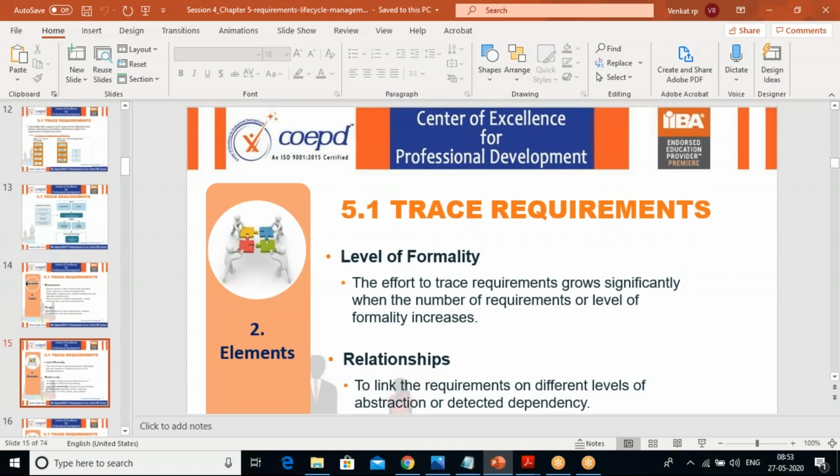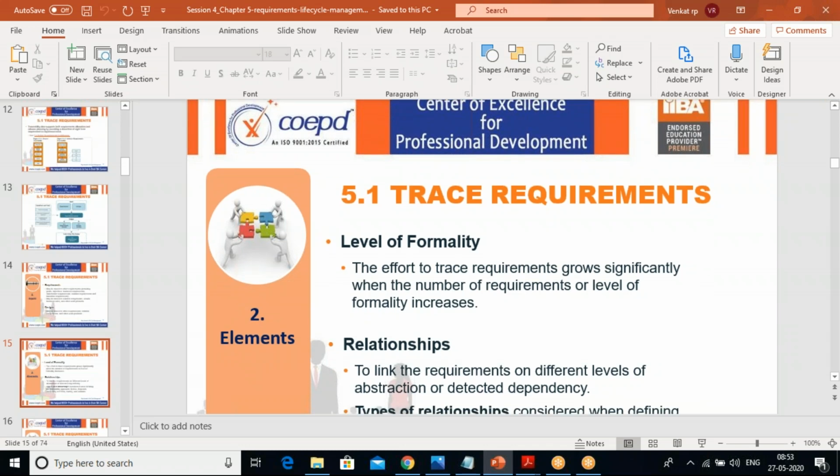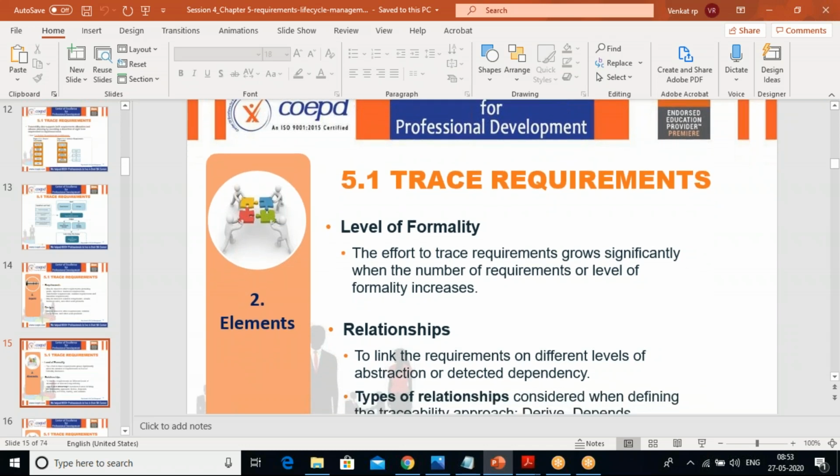Now you look into the level of requirements, the effort and the trace of this. The purpose of trace requirements is to ensure that the requirements and the designs at different levels are aligned to each other, and to manage the effects of change to one level on the related requirements.